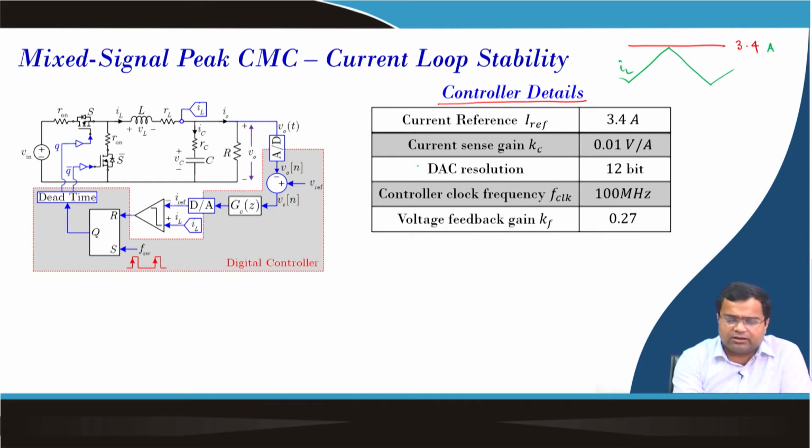We all know that the current sensor also has a gain, because it is a current sense resistance followed by an amplifier. We also consider a DAC resolution of 12 bit, because we are sending the data through a DAC, and the controller clock is 200 megahertz. Feedback voltage gain is 0.27, but we are not closing the outer loop, so you do not have to care.